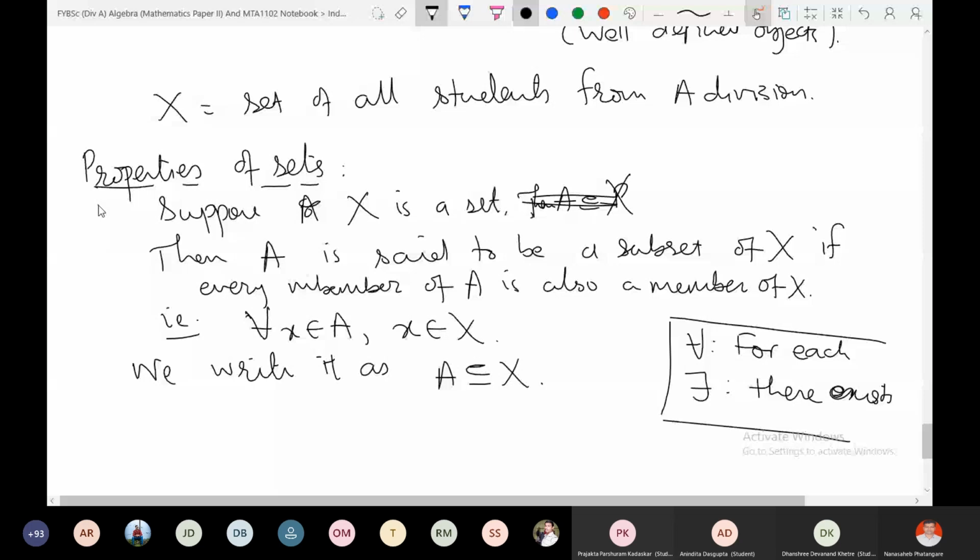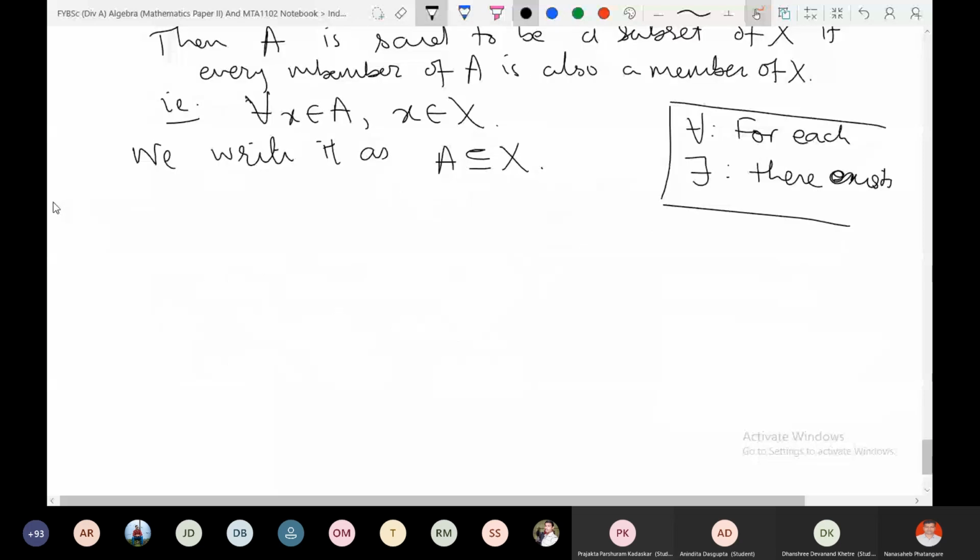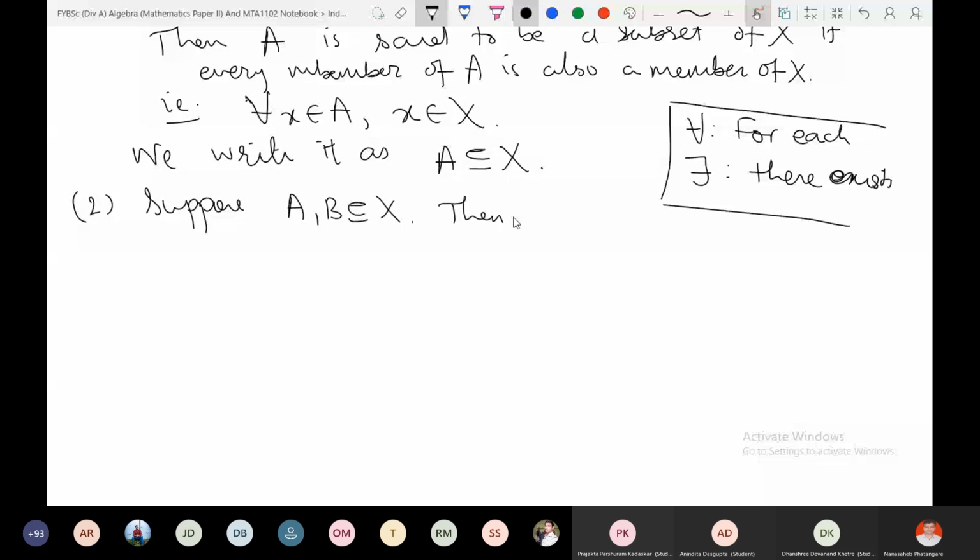Now all of you know what a union is. Suppose A, B are subsets of X, then what is A union B?